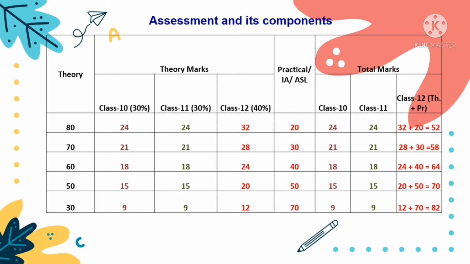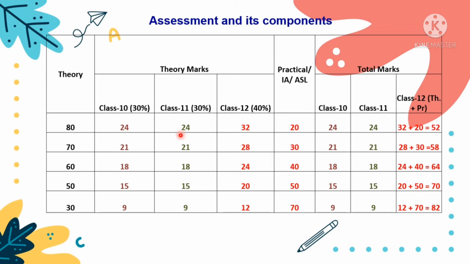Since we are talking about the theory portion, how are you going to be assessed in the theory portion? Now from class 10 the school has to take 30%. Suppose the theory portion is 80 marks. So from class 10, 30% of 80, which is 24 marks, the school has to take. From class 11, 30% of 80, which is again 24 marks.